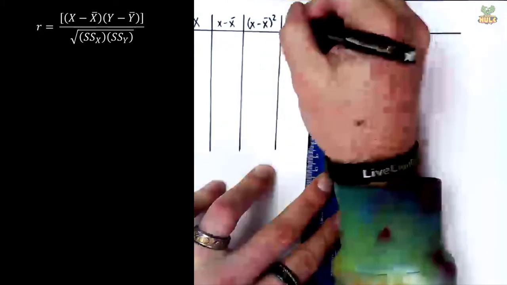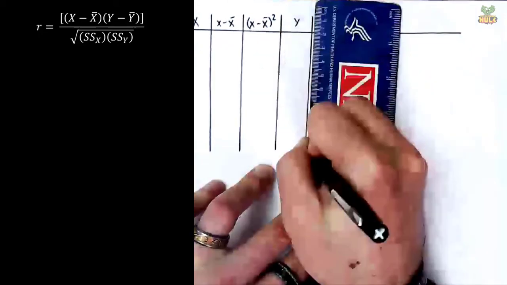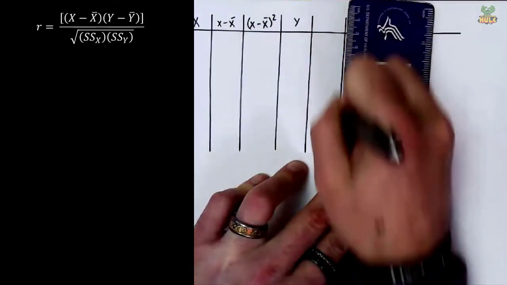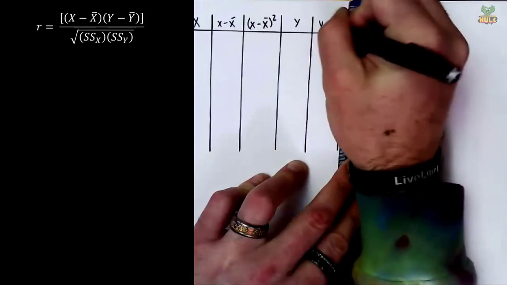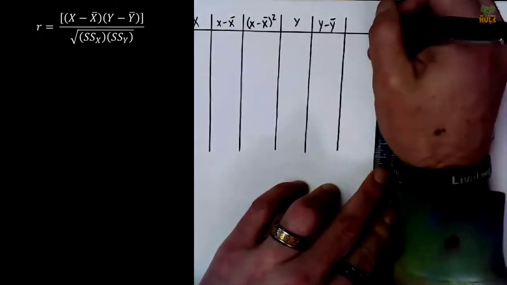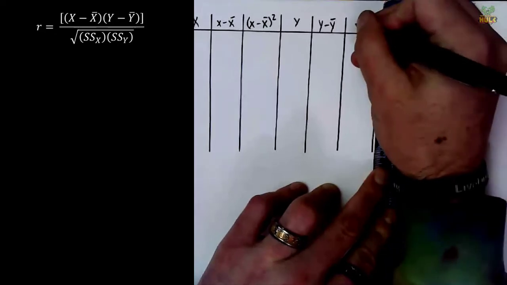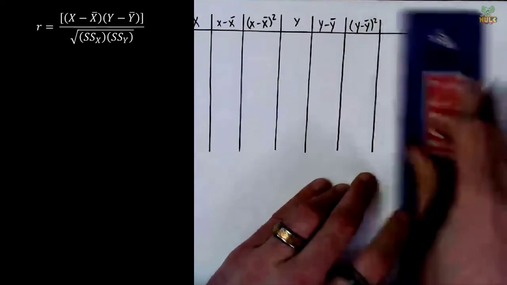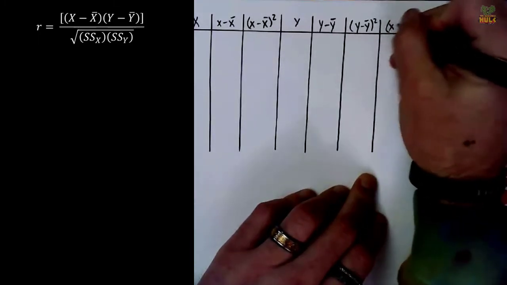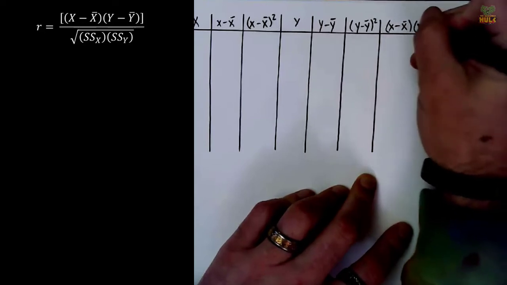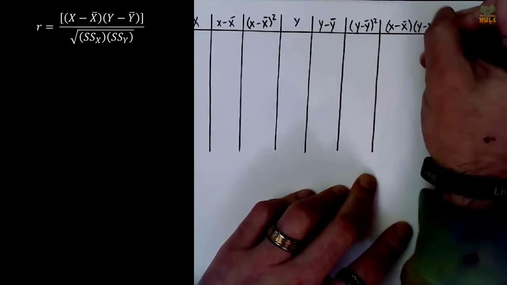Then we can do the same thing with our Y data. Remember, we need this last step because this is part of the numerator of our correlation coefficient.